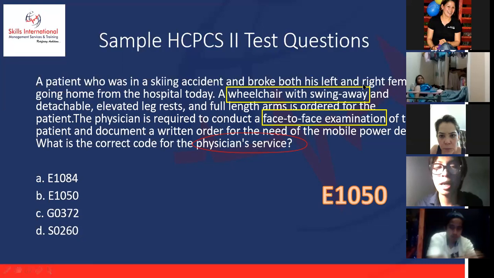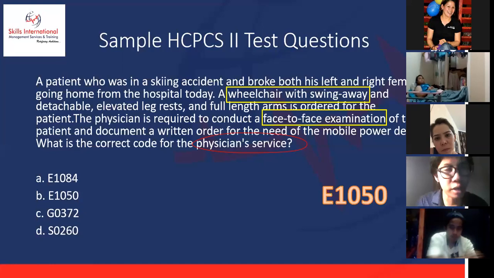The question is, what is the correct code for the physician service? If you study these choices, it does not give a choice for a face-to-face examination, because face-to-face examination would fall under your CPT-4 codes. It's like when you go to a doctor for a consultation. The doctor will interview, prescribe, do a history exam, or do a physical exam with you.